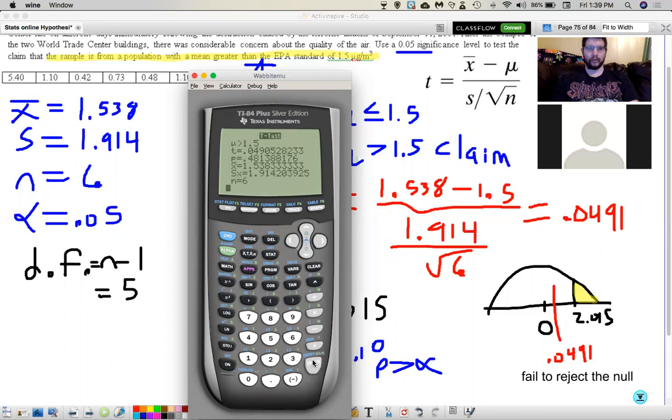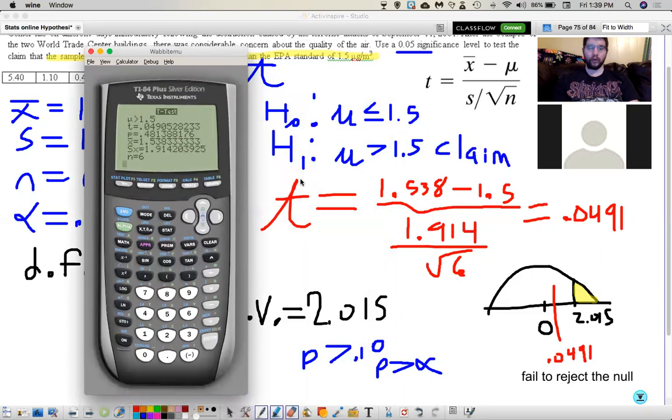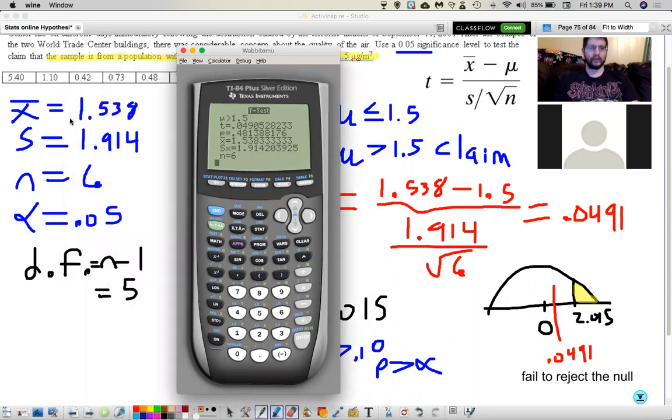And we calculate. It tells us p is 0.48. Well, 0.48 is definitely bigger than 0.1, so we weren't wrong there. And it does give us the same value for the test statistic. And our mean and standard deviation are also given to us. So if you do have a TI, I suggest using it. It's a lot easier.